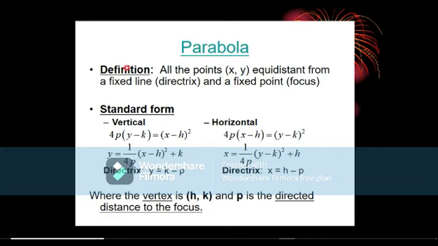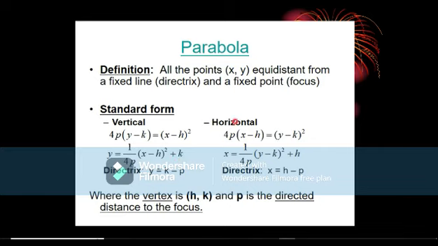For the parabola definition, all the points (x, y) are equidistant from a fixed line called the directrix and a fixed point called the focus. The standard form for the vertical is 4p times the quantity y minus k equals x minus h squared. Then you can express it like this: y equals 1 over 4p times x minus h quantity squared plus k.